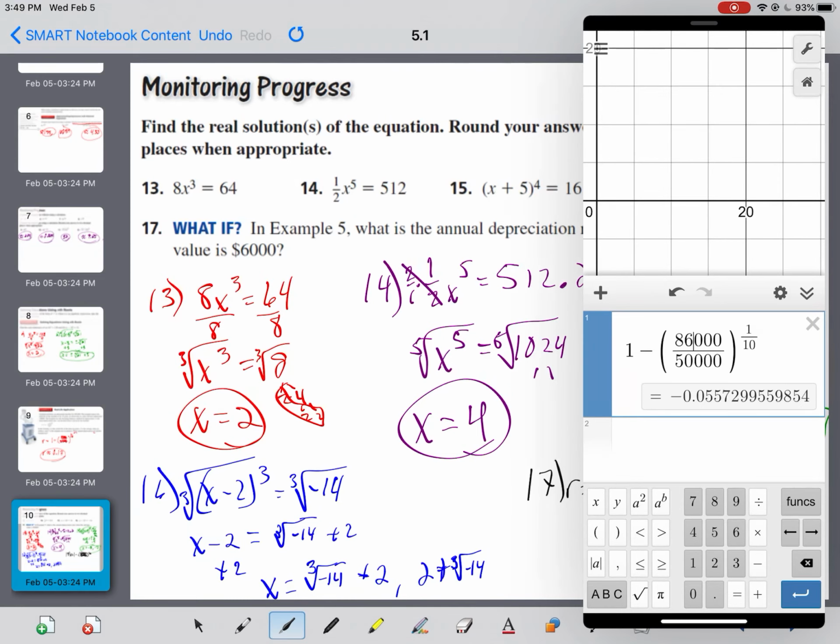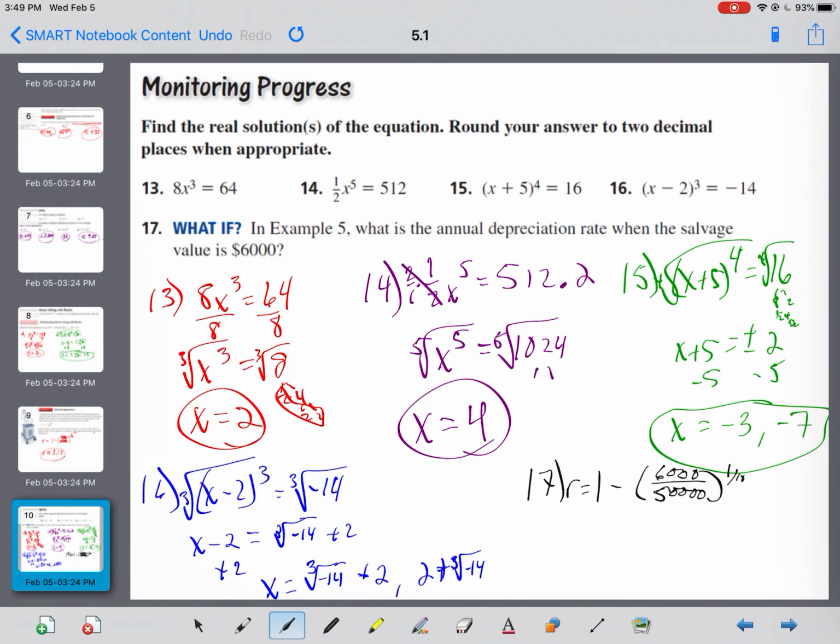And I'm just going to go back in here and change it to 6 and get 0.19. The rate is about 0.19. Just change the one piece out that they changed. And that is nth roots and rational exponents.